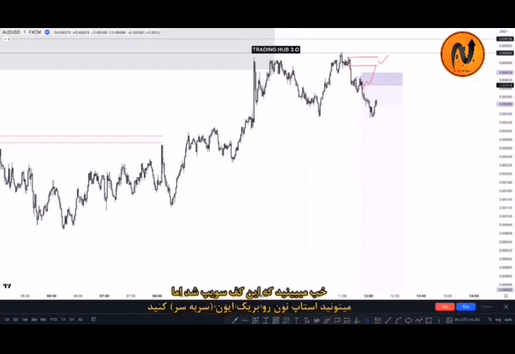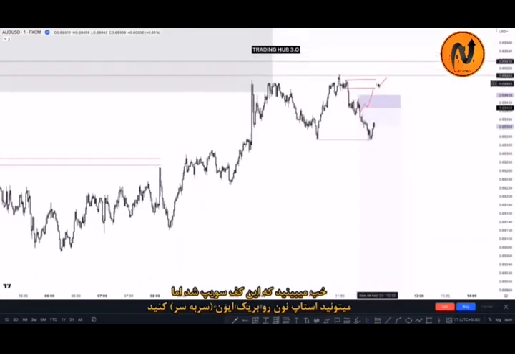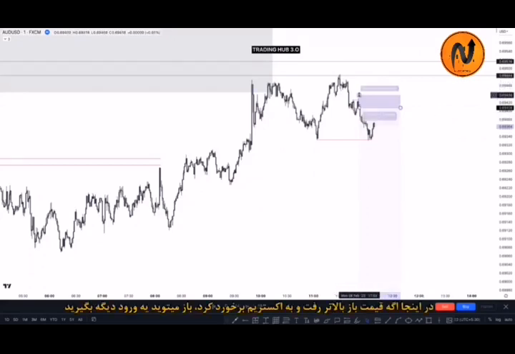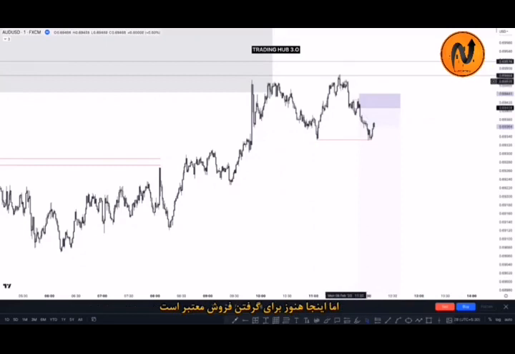All right. So this low is broken here, it just swept the low. So you can simply put your stop loss on break even, and you can take one more entry here if the market taps your extreme order block, because this one is still valid for the sell.